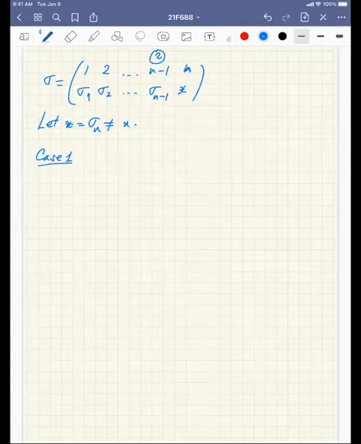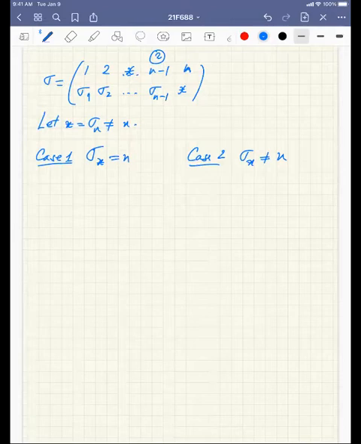When we look at the entry corresponding to x here, since x is not n, x has to be between 1 and n minus 1. Case 1 is going to be when sigma x equals n, and case 2 is what happens otherwise, which is sigma x does not equal n.